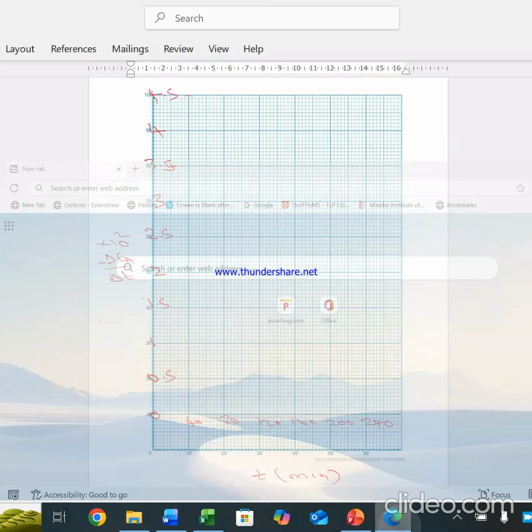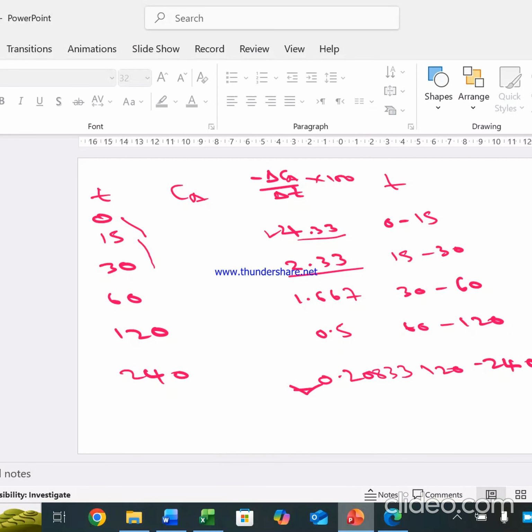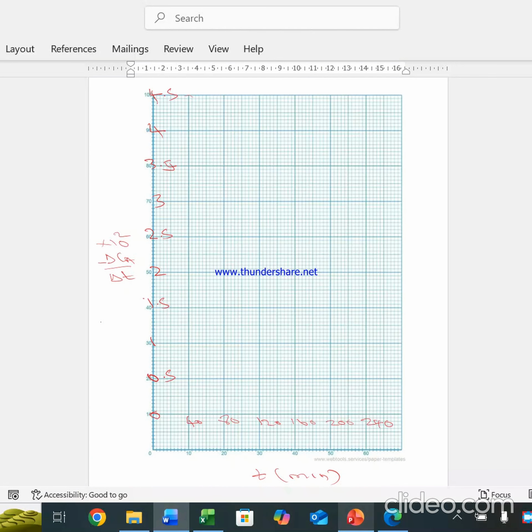So we are going to plot 4.33 between 0 and 15. Remember, we are plotting a histogram. So between 0 and 15, I'm going to plot 4.33. The point 30 is here, so that means point 15 is around half of it, which is here.